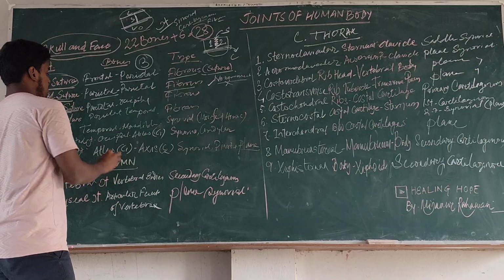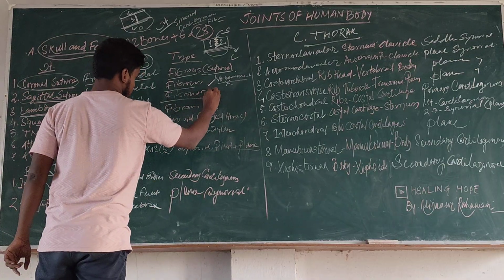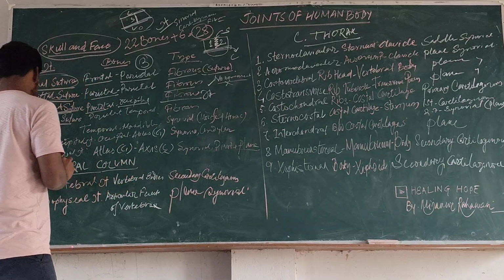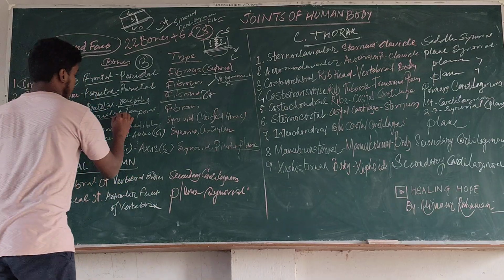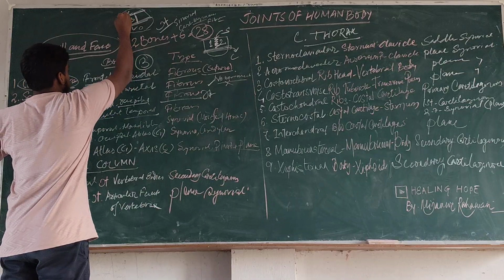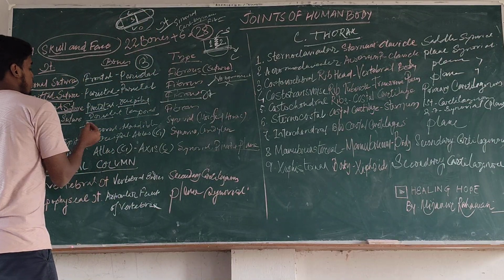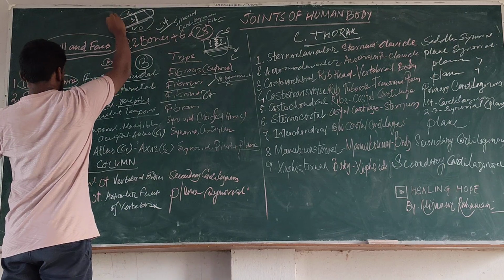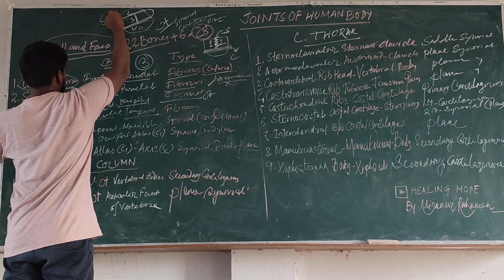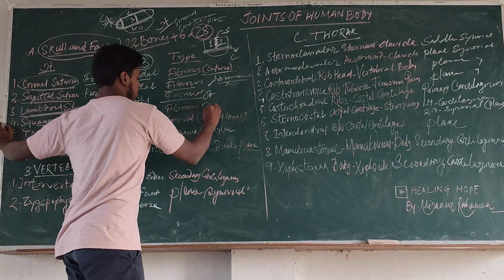This is also a fibrous joint. Then the squamous suture is formed by the parietal and temporal bones. On this side there are 2 bones named the temporal bones, and this joint is known as the squamous suture. Now this joint is also a fibrous type of joint.